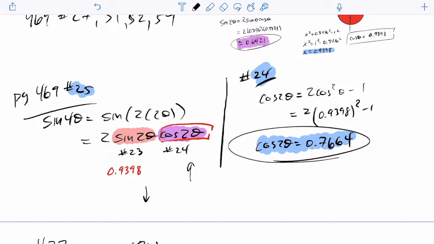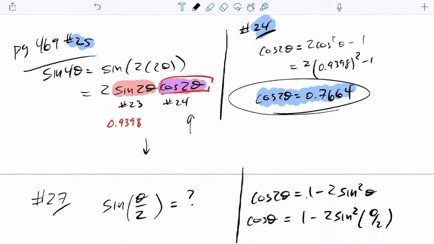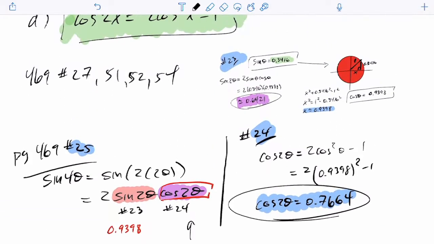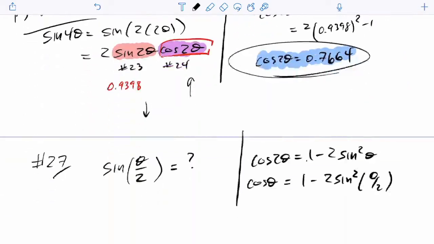To find the sine of theta over 2, I know that the cos of 2 theta is 1 minus 2 sine squared theta. Therefore the cos of theta is 1 minus 2 sine squared of theta over 2. We already found out the cos of theta was right here, 0.9398.